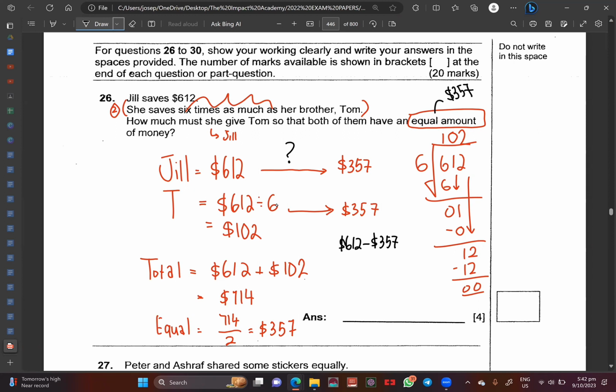All right, so when I do 612 minus 357, I'll get to 255. Agree? Yeah. So Jill must give 255 to Tom. Make sense? Yeah. So you can see this will be plus 255, correct? Because Tom received from Jill, and then Jill will have to be minus 255.